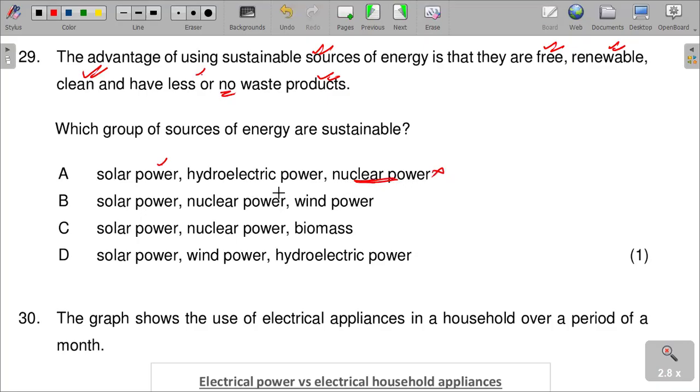We see solar, wind power, hydroelectricity. Therefore, D can be correct, as it is sustainable, renewable, clean, and has less or no waste products.